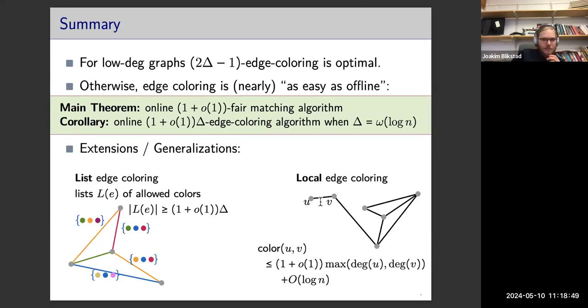So in a sparse part of the graph, where the degree is low, you actually get the coloring as if the max degree was much smaller there. And of course we need this additive log n term here because it's impossible, if the max degree is constant, to get anything better than log n.